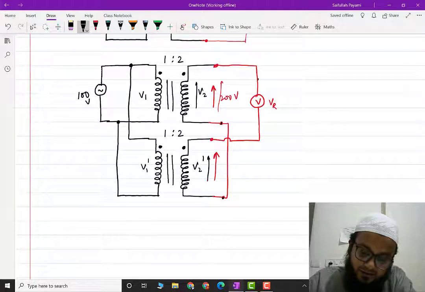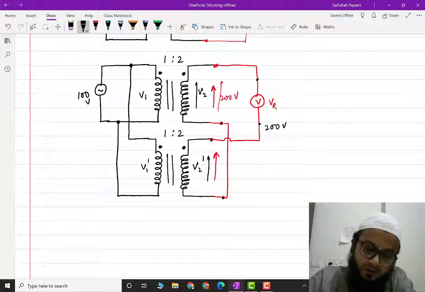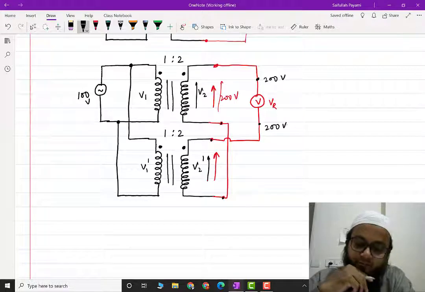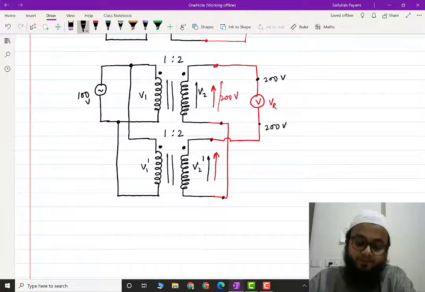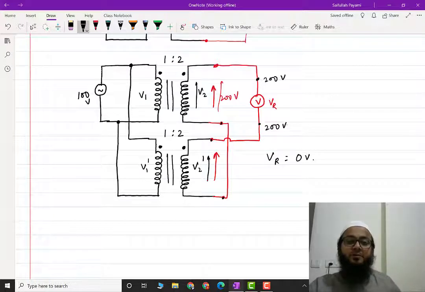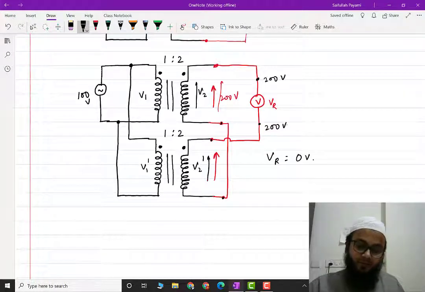So in this direction it is 200 volt, right? This terminal is reading 200 volt, and this terminal is also reading 200 volt, with this common point here. So now this VR would be 0 volt, and we will show one of the experiments performed in our lab. The resultant voltage would be 0.